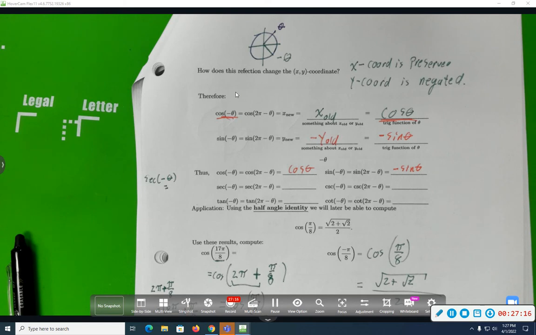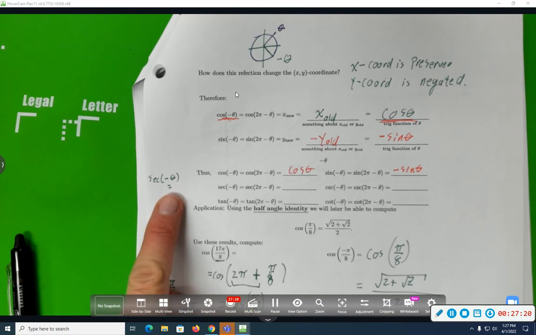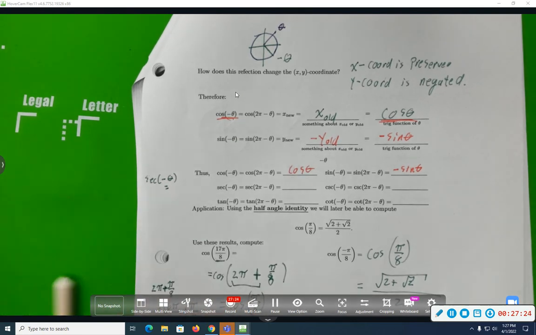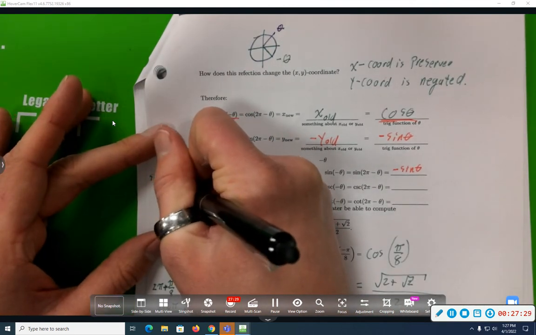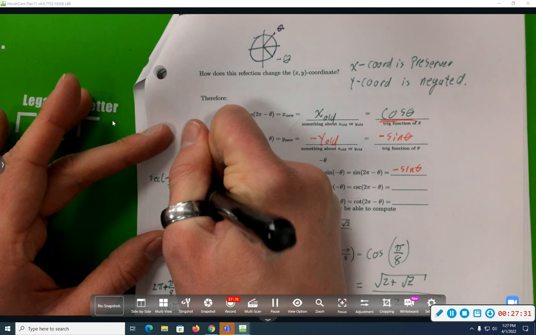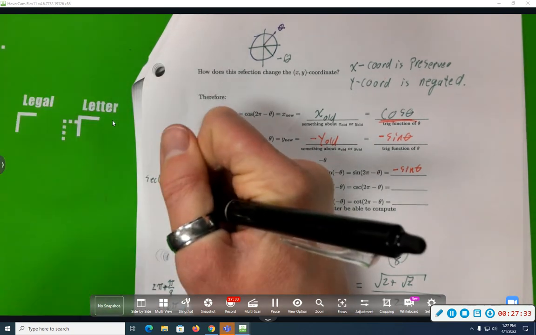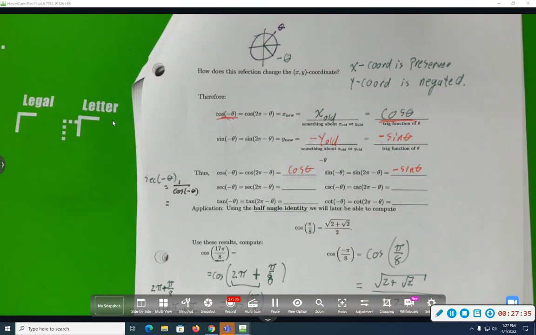Very good. So let's use this down here. So secant is apparently 1 over cosine. So secant of negative theta is 1 over the cosine of negative theta. All right, well, I know what to do with the cosine of negative theta. Does cosine care whether there's a negative sign inside the parentheses?